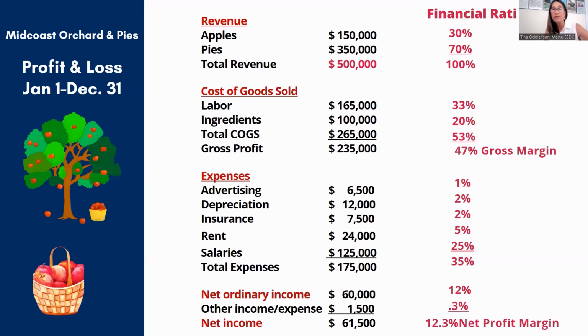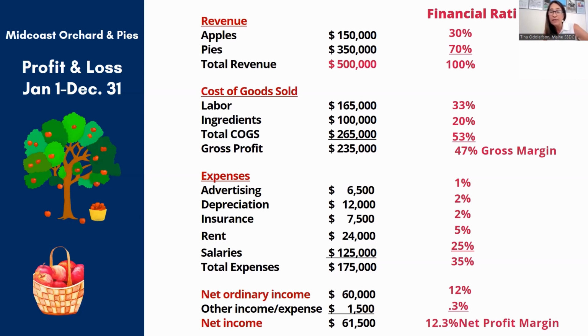So that's why the cost of goods sold section and financial ratios are my favorite, because it really tells me a lot about what I can do as a business owner to change things and get myself on a better track. When we look at our expense section, our overhead section, same idea.